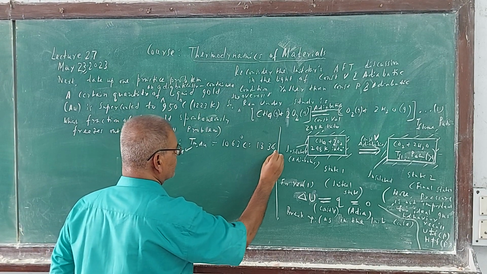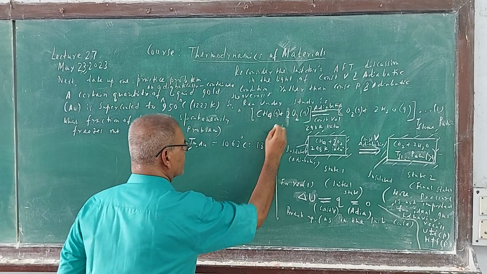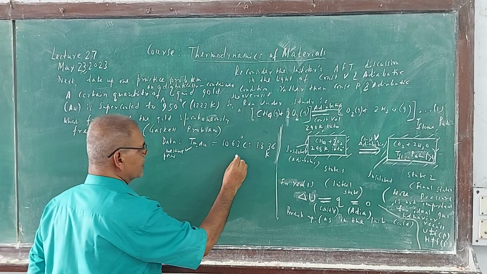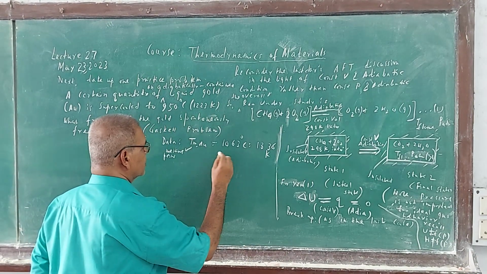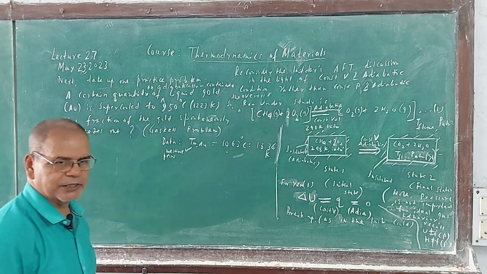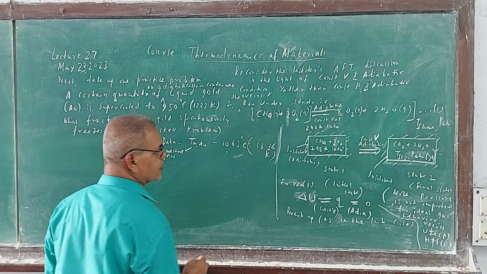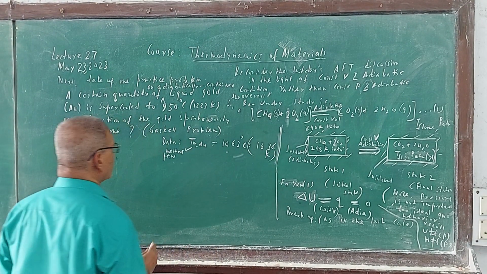You know how to get this in Kelvin: plus 273. 1063 plus 273 is 1336 Kelvin. You can give this in brackets. Very good.